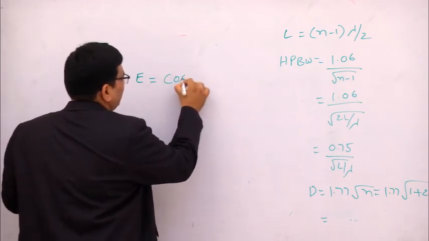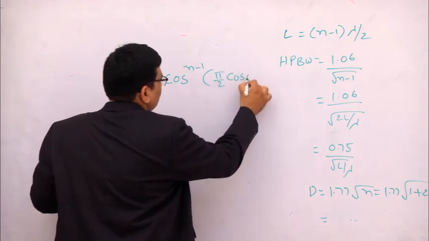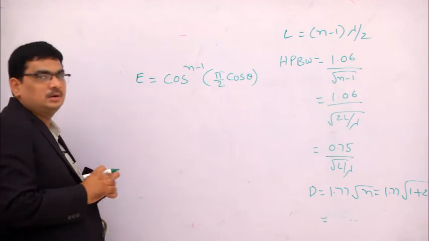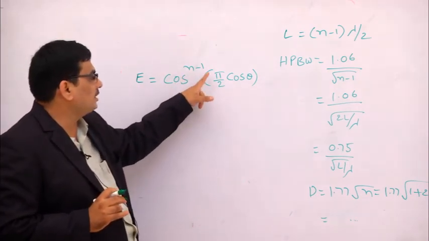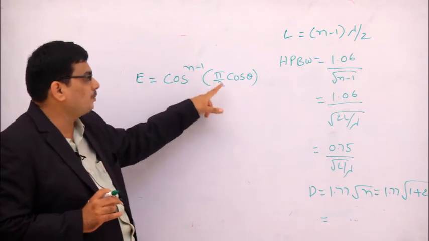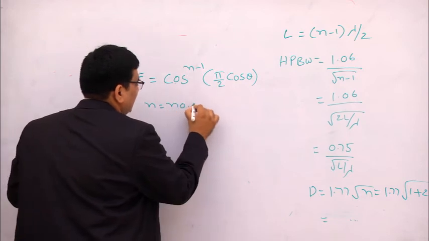E is equal to cos power n minus 1 into pi by 2 cos theta. This is the expression for the radiation field, where n is equal to the number of elements.